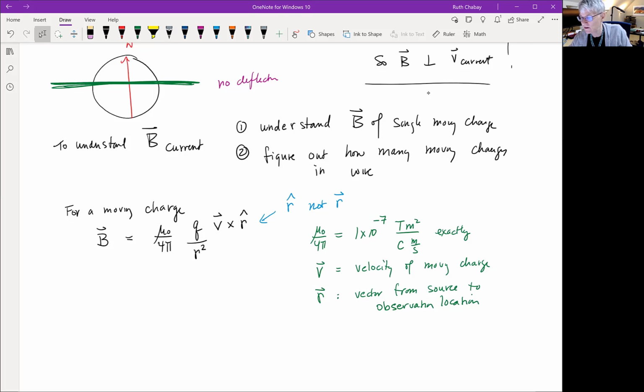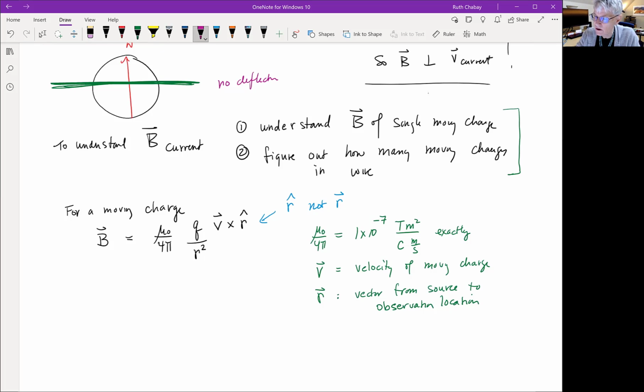So if we can describe the magnetic field made by a single moving charge, then all we need to do to figure out the magnetic field of a current is just figure out how many moving charges there are in the wire. So we're going to be doing exactly the same kind of thing here.